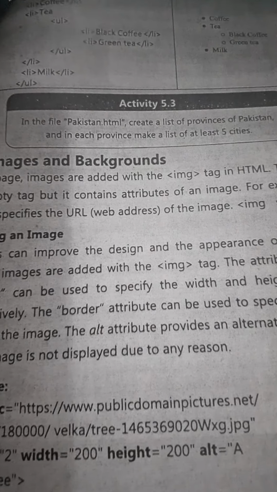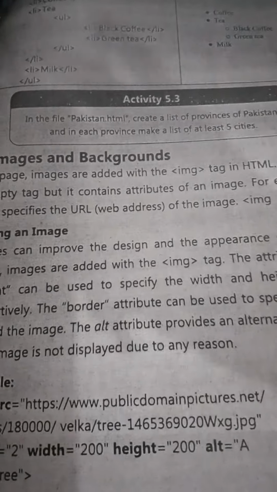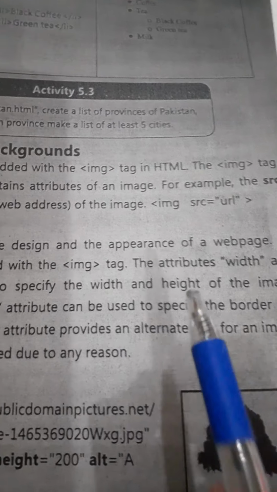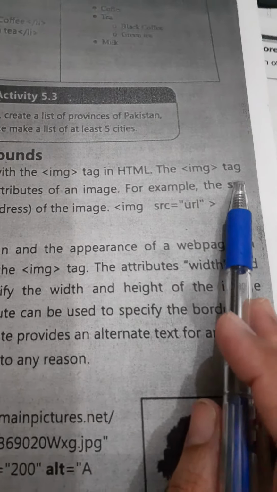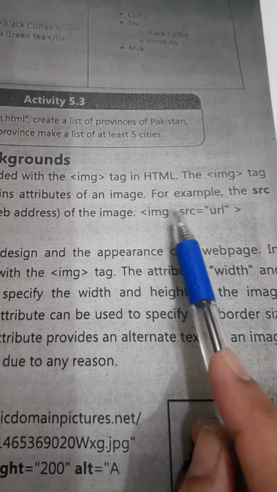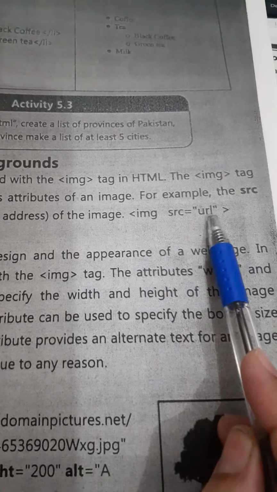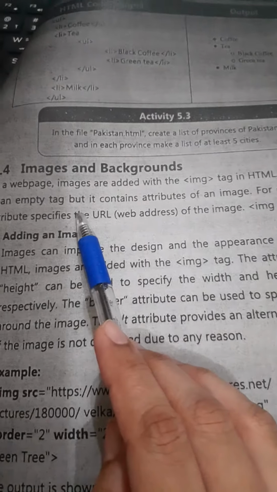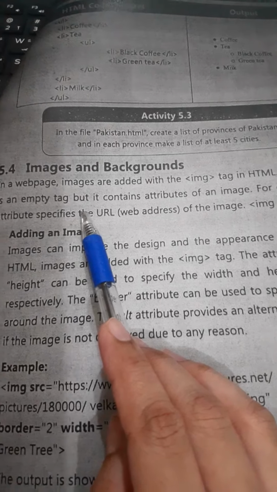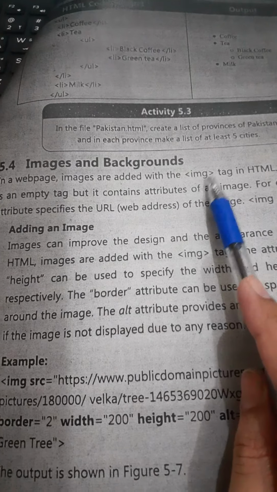We can add different properties of this tag to get the best results. For example, the src means where the source is. So here, after image, give some space, then write src, and then you can give the path of that image.